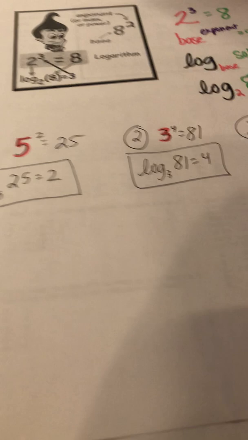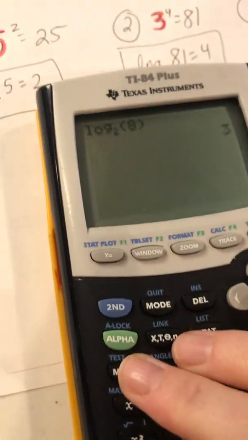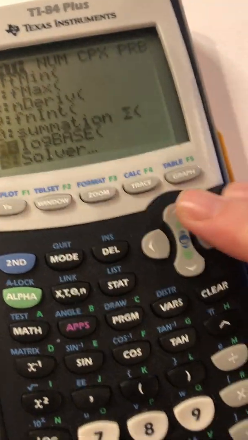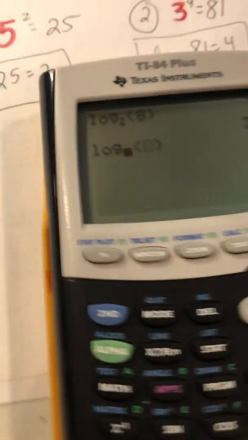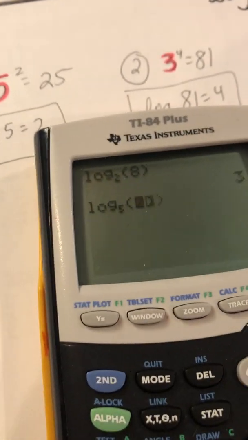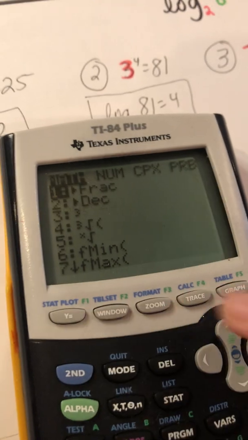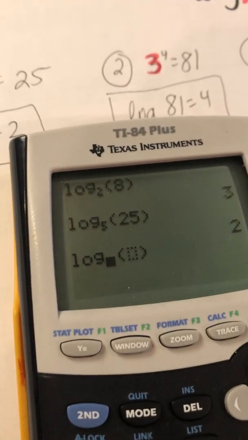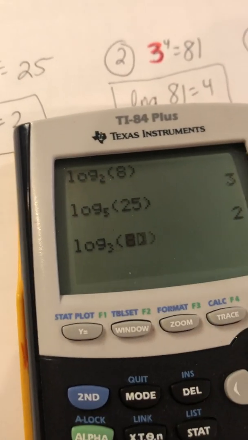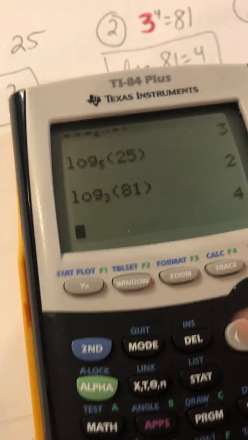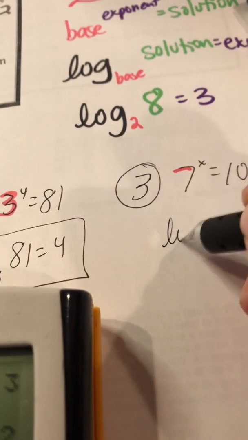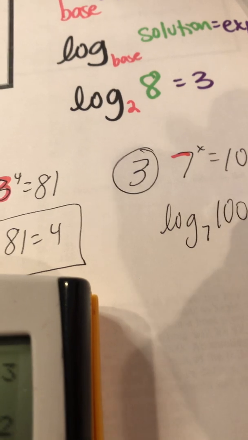And we could, of course, double check these with math, up, up, enter. And then we would have 5 and 25 is 2, math, up, up, enter, 3 and 81 is 4. Everything's true.